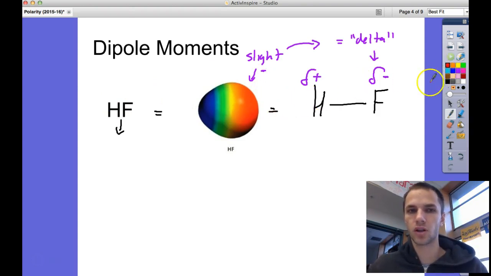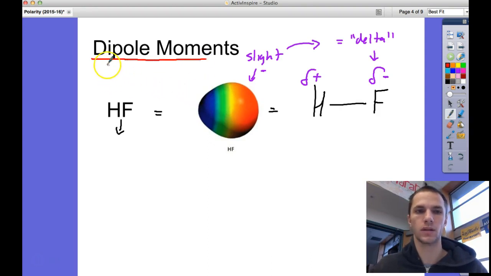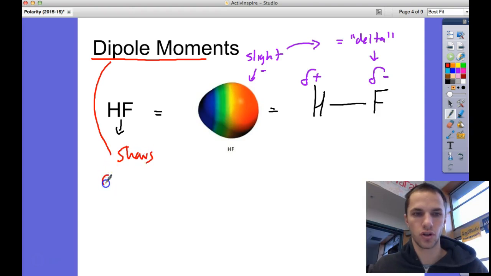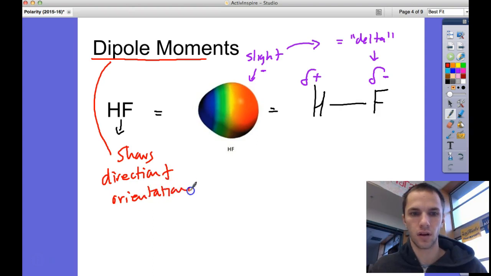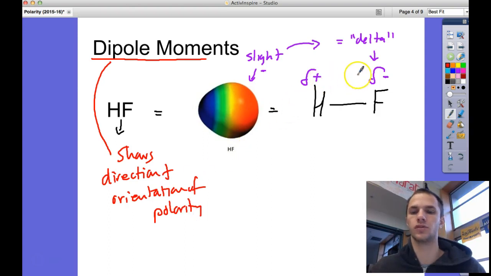So since this molecule is polar, it has what is called a dipole moment. A dipole moment, okay, shows direction and orientation of polarity of the molecule, of the uneven distribution of charge.